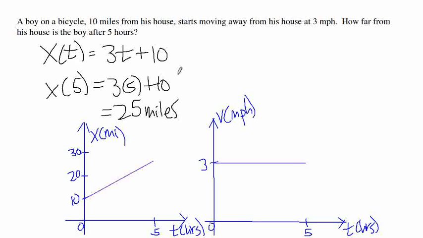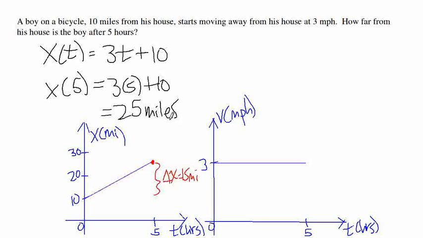So the boy went 15 miles in those 5 hours. How do I know? Because he ended up 25 miles away and he started out 10 miles away. So this difference in x, delta x, is equal to 15 miles.